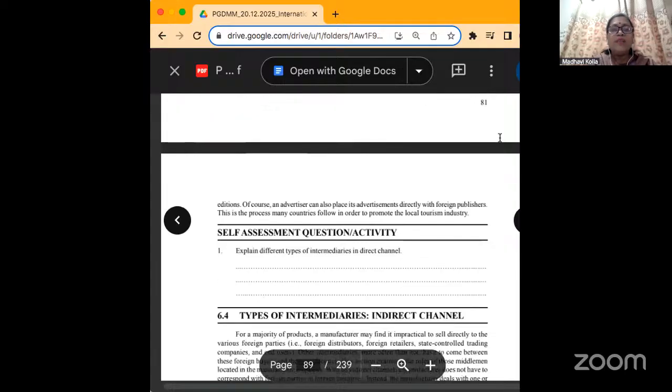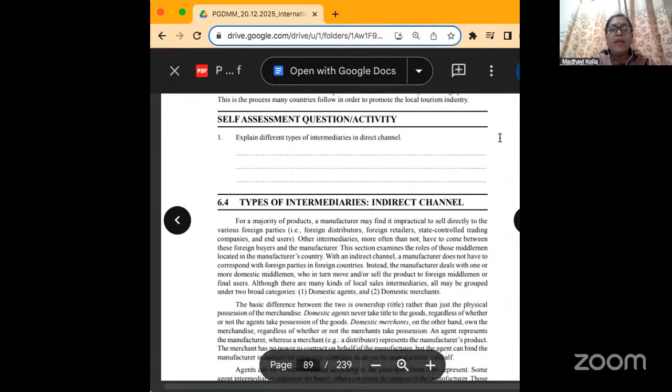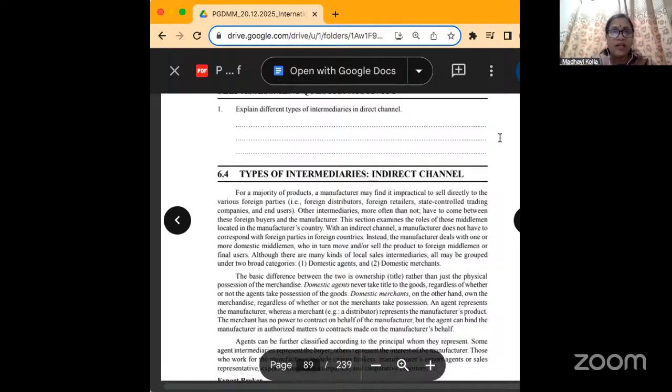So those are the different types of intermediaries in a direct channel, where the channel is not from the channel of origin. That means it is not from the same country as the manufacturer, but it is based on the host country where the product is going to be sold.